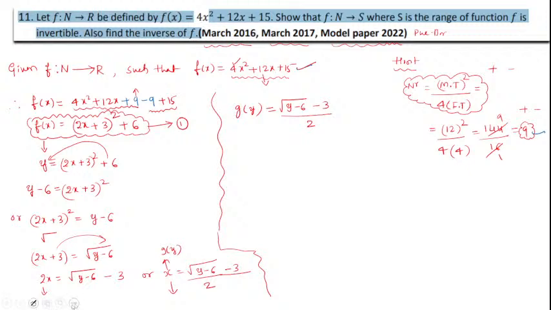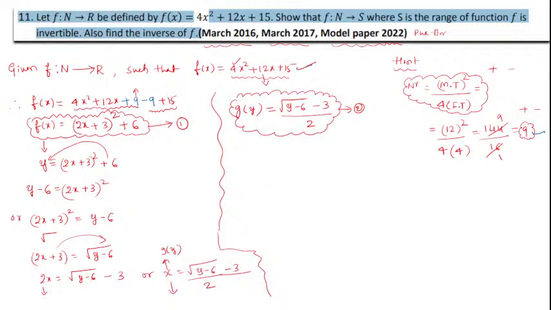Clear? Then take this as equation number 2. So g of y is equal to root of y minus 6 minus 3 divided by 2.